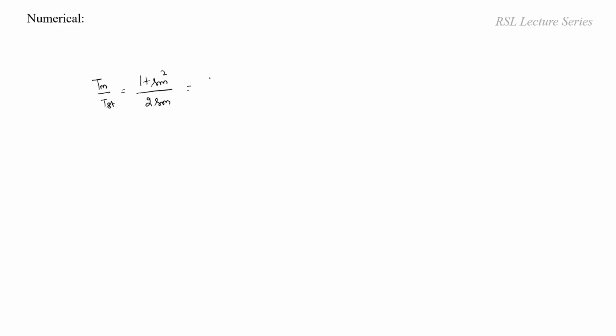So this will be equal to 1 plus 0.133 whole square divided by 2 into 0.133. So on simplification we will get 3.817. Okay. So this is the required answer.